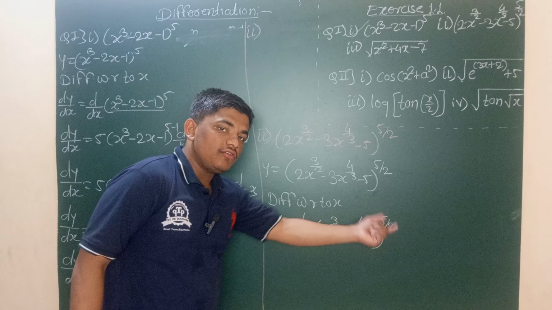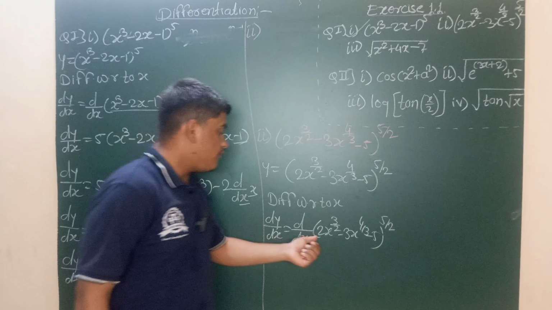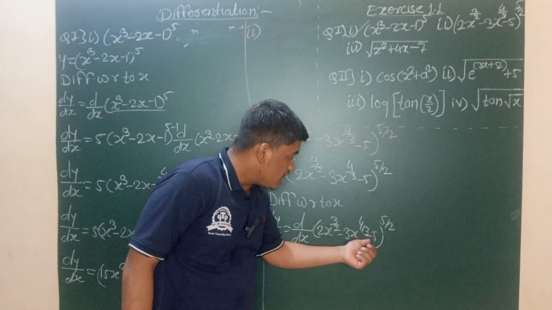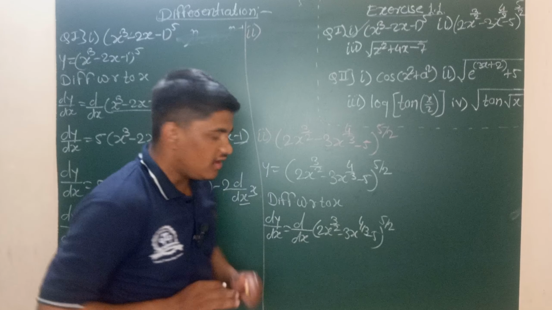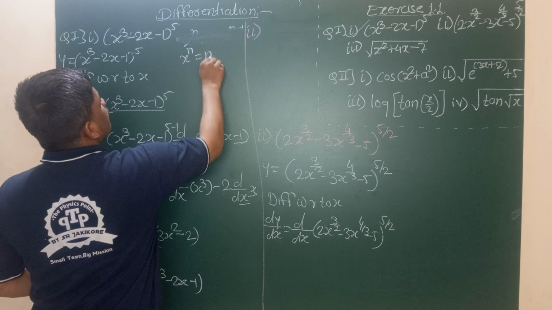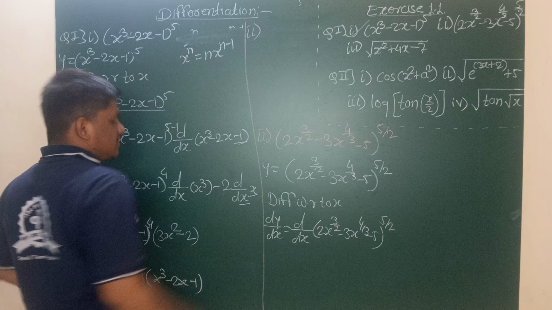This 5 by 2 is treated as n, and the whole function 2x raised to 3 by 2 minus 3x raised to 4 by 3 minus 5 is treated as x, and we apply the similar formula written here for the previous question, that is x raised to n minus 1.